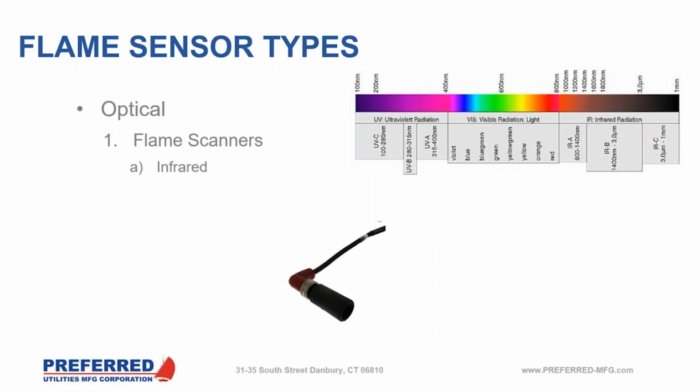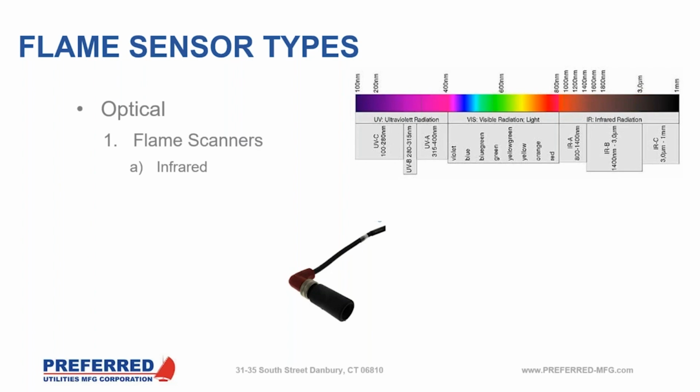Another type of optical scanner is the infrared. Now, the infrared scanners, of course, go way back to the beginning of everything, and you're going to see that these usually fall into that above 1,000 nanometer range.